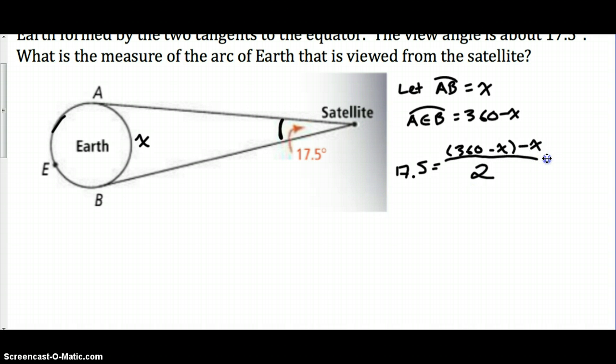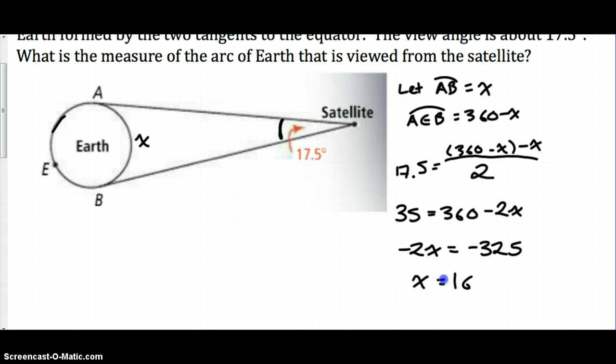We'll multiply both sides by 2, and we'll get 35. And we'll combine the terms on the top and get 360 minus 2x. Subtracting 360 from 35, I'll have negative 2x equals negative 325. And dividing by negative 2 on both sides, I'm left with x is equal to 162.5.